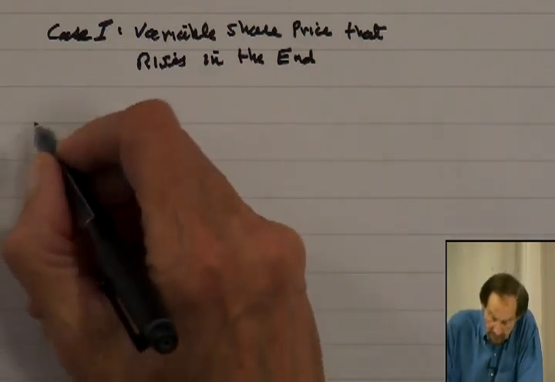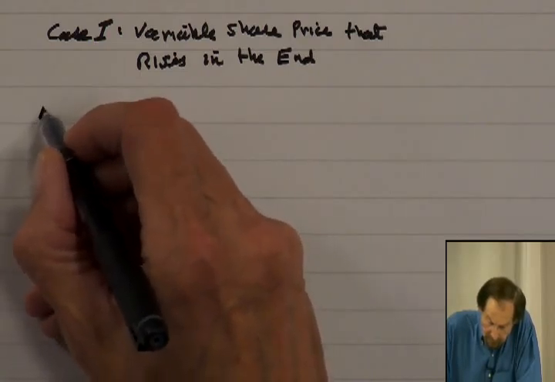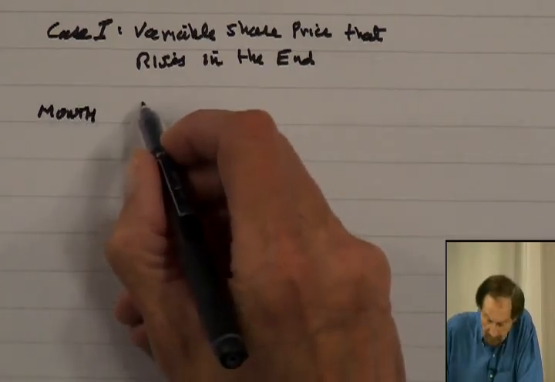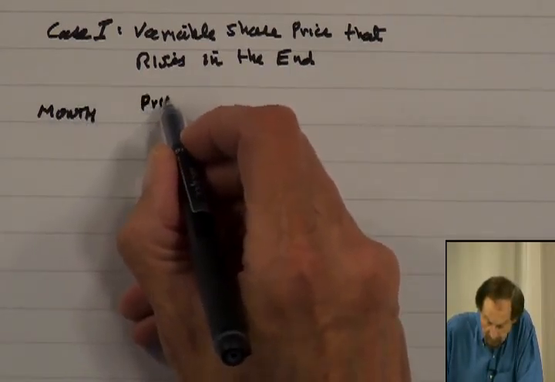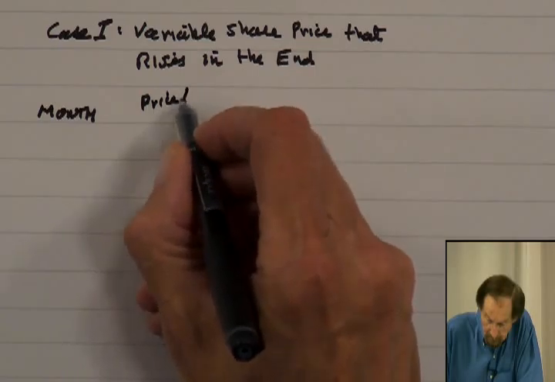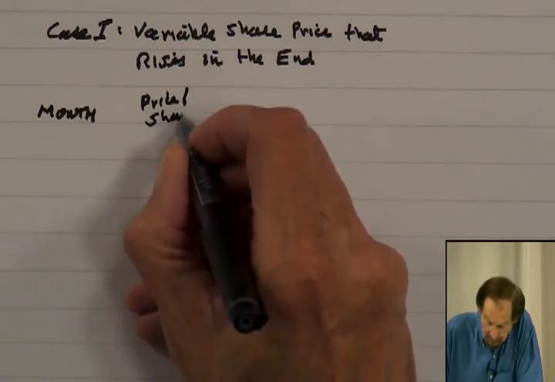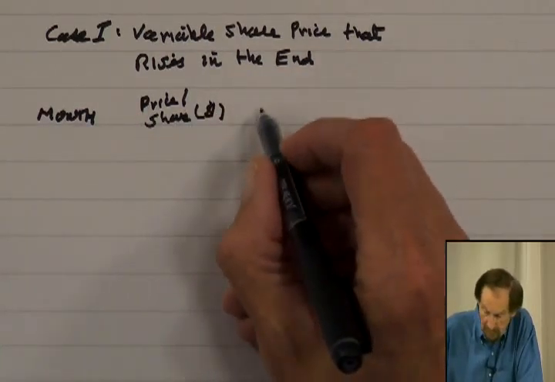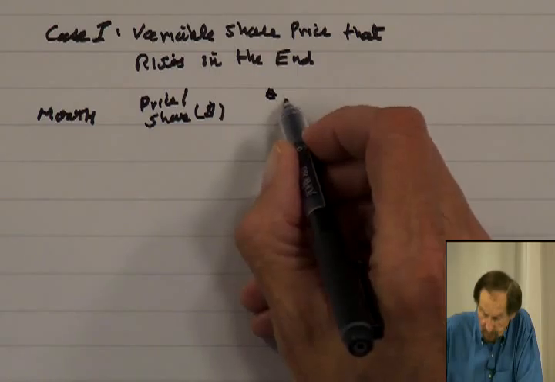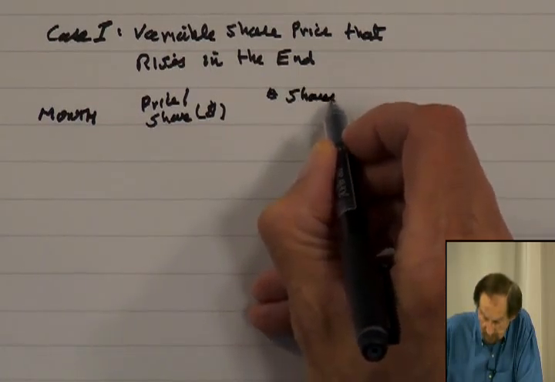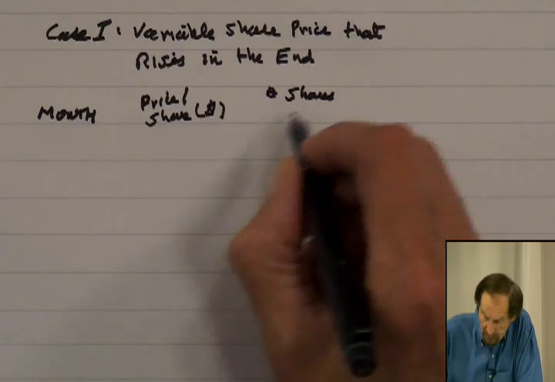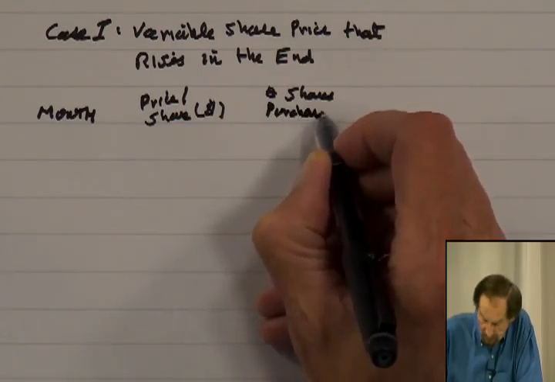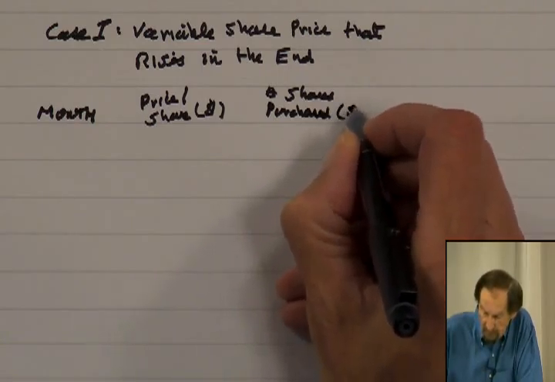Let's look at month, price per share in dollars, and number of shares purchased in dollar cost averaging.